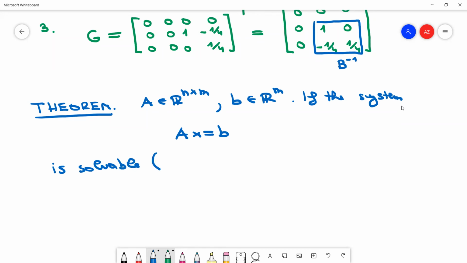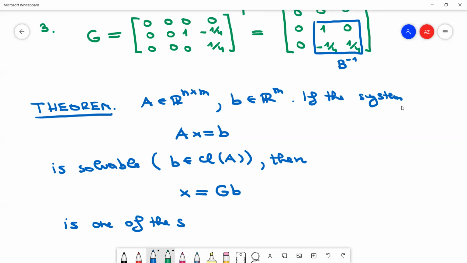So recall that this means that b belongs to the column space of A. Then x = Gb is one of the solutions of this system.